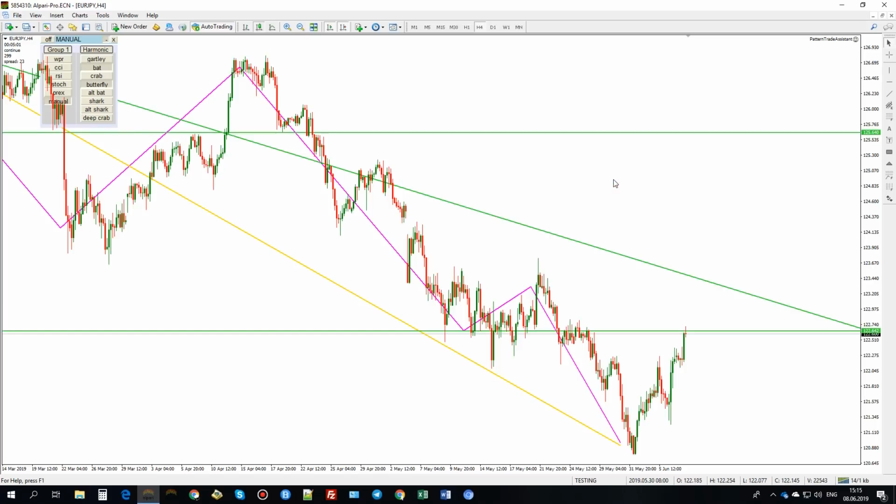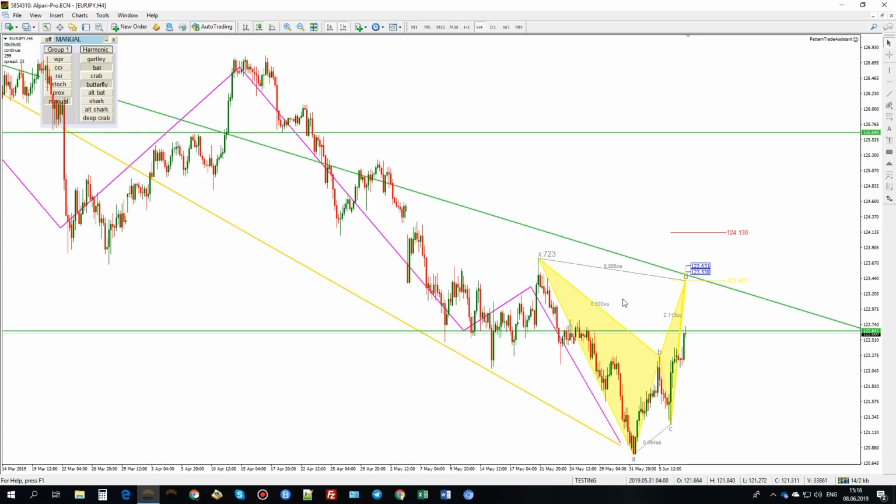Okay, let me draw. The first pattern that is here is a harmonic bat pattern, and it is drawn this way. I will simply unite these levels here and here. The exact 50% retracement of the B point. I think harmonic traders are ecstatic right now.